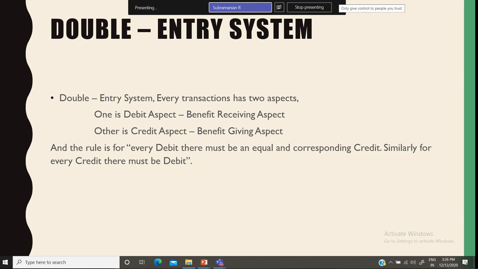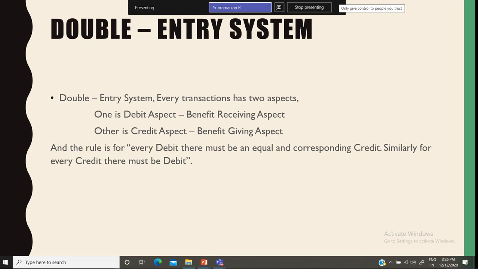And even for comparison purposes, last year's profit and this year's profit, everything is known exactly only if you maintain your books of accounts under the double entry system, not the single entry system.